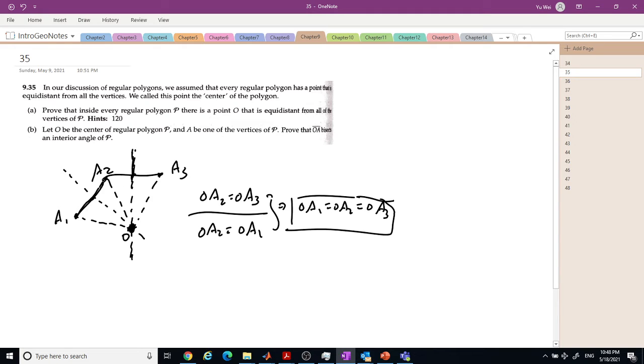Now since it's a regular n-gon, this angle, this angle, this angle will also be equal, each 360 over n.